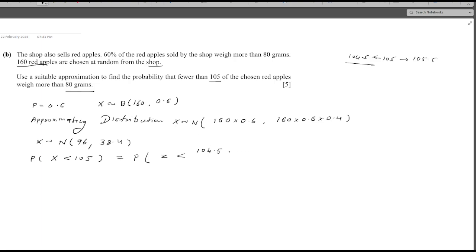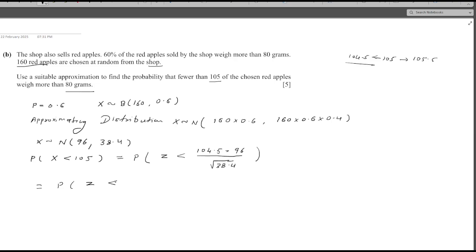So 104.5 minus mean 96 divided by your standard deviation, square root of 38.4. So this is equal to probability of z less than 104.5 minus 96, whole divided by square root of 38.4.